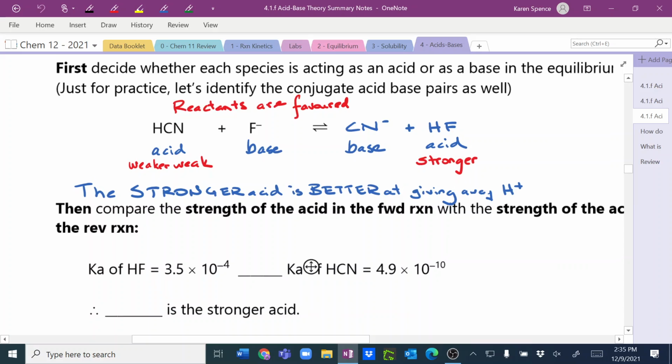Okay, so the stronger acid is better at giving away hydrogen. And if it is better at giving away hydrogen, it spends more time in its non-hydrogen form.